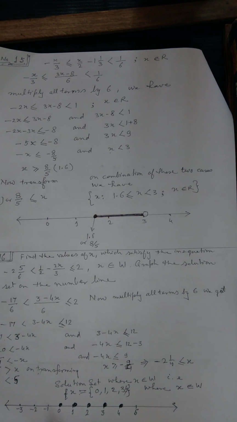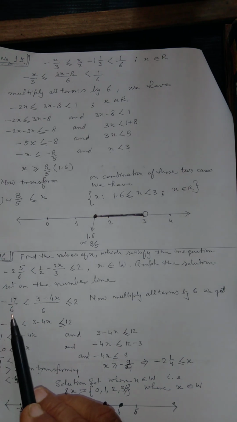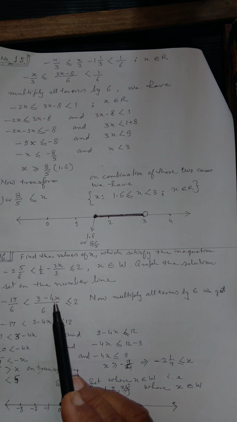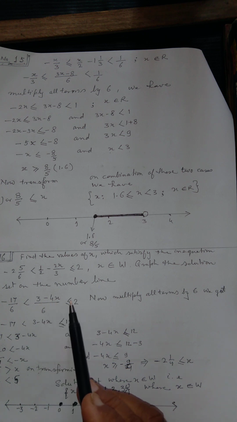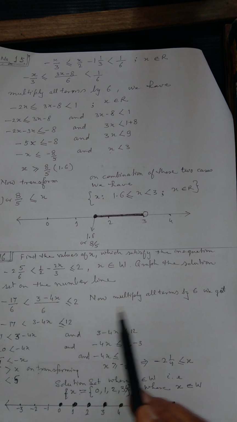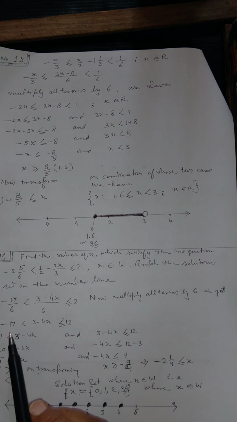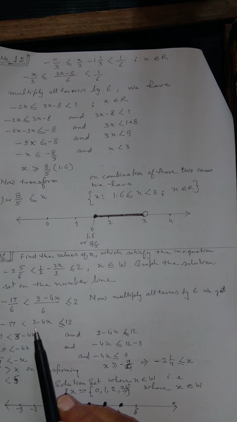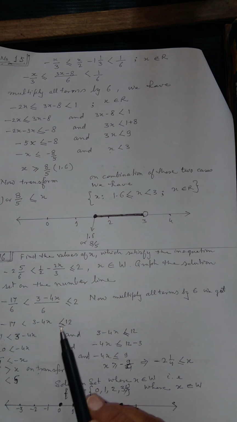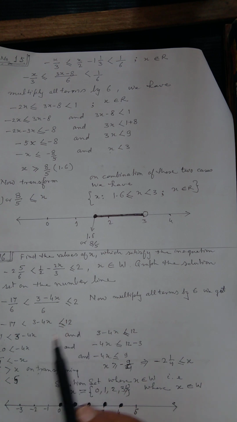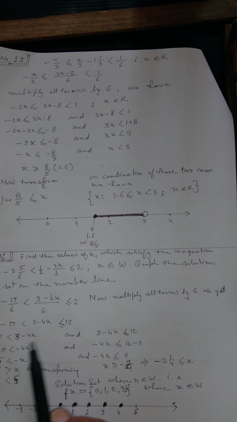So here minus 17 by 6 less than 3 minus 4x by 6 less than or equal to 2. Now multiplying all terms by 6 we get minus 17 less than 3 minus 4x less than or equal to 12. This can be split in two parts.